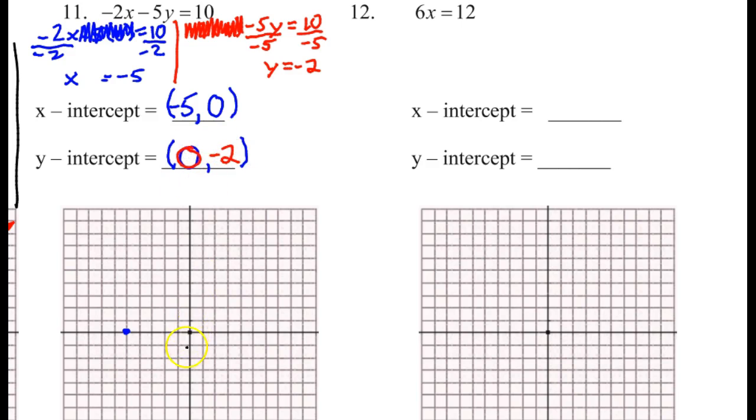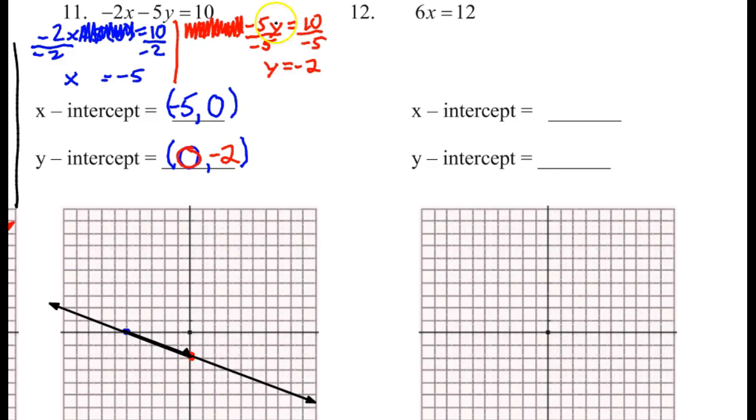So 0, negative 2. Start at the origin, go down 2. And then use your straight edge. There we go.